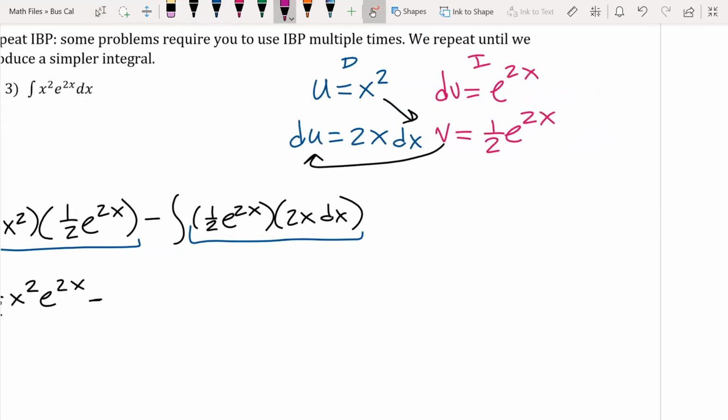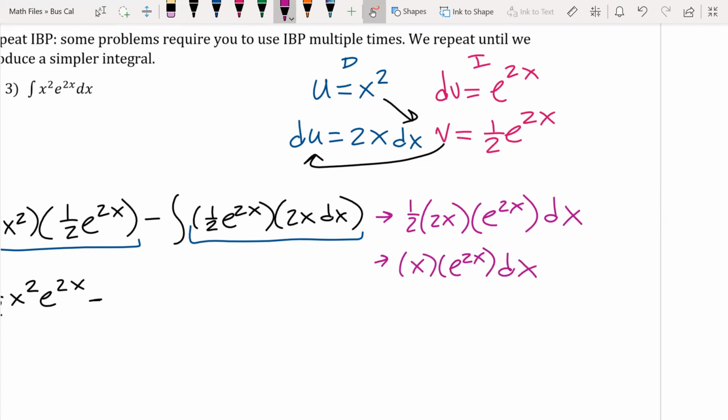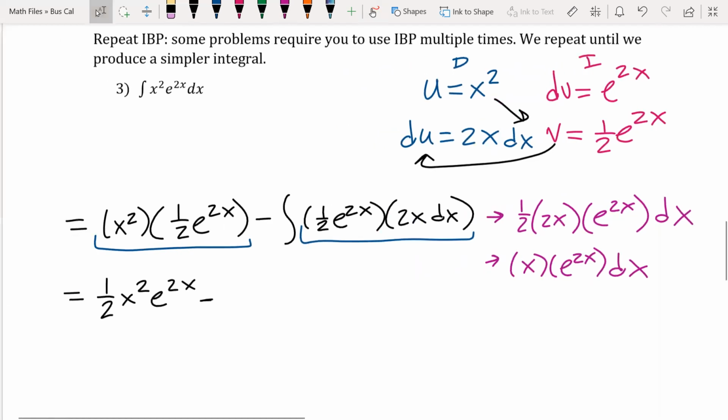I have the room. I can rewrite this as 1/2 times 2x times e to the 2x dx. All they did was move the 1/2 and the 2x to the front, which means 1/2 and 2 will cancel, and I'll be left with x e to the 2x dx. And that's what I'm going to put in this next integral.